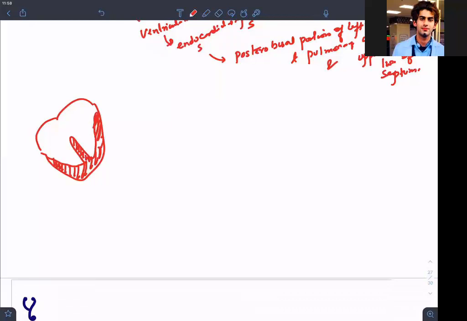And if I make this the SA node, and the SA node is firing in all directions, the intention is to get all this depolarized. So can I say the first step became the atrial activation? First I gave an SA node and then it activated the atria.